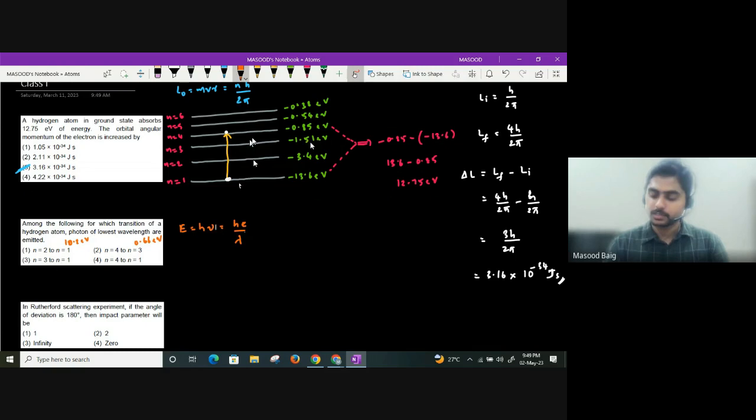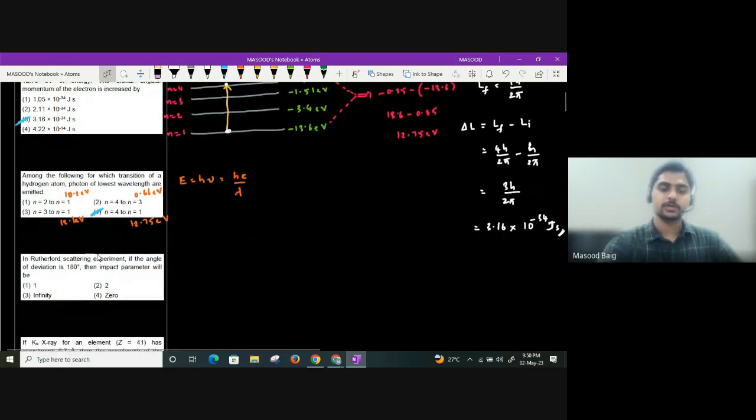When it is making a transition from 3 to 1, guys, you will get 12.1 electron volt. When it is making a transition from 4 to 1, just now we have seen it is 12.75 electron volt. So in which transition is the energy emitted more? The fourth transition. So the wavelength will be less, guys. Clear, all of you?